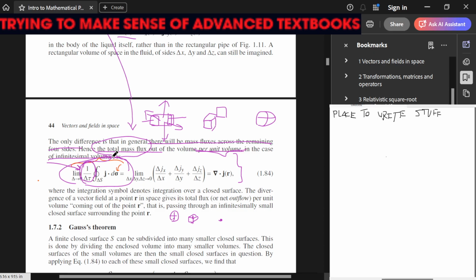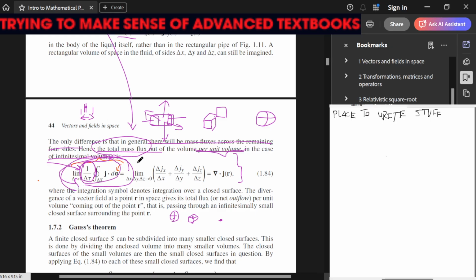Maybe. Limit as delta approaches 0. The change approaches 0. So right now the change is this. So the change is going to approach 0. It's just the normal definition of stuff.